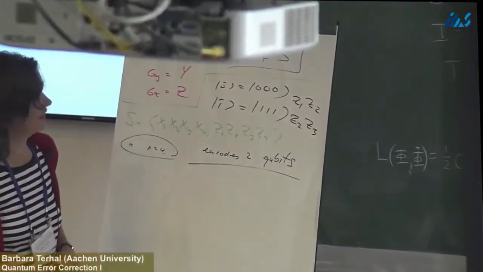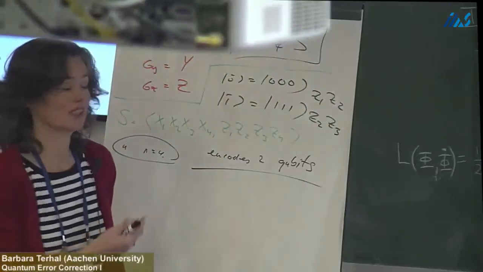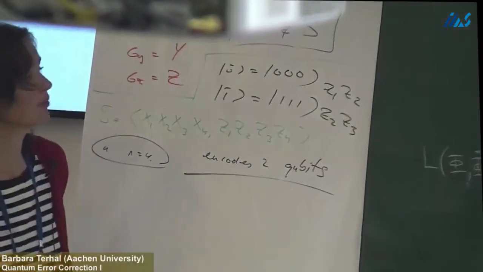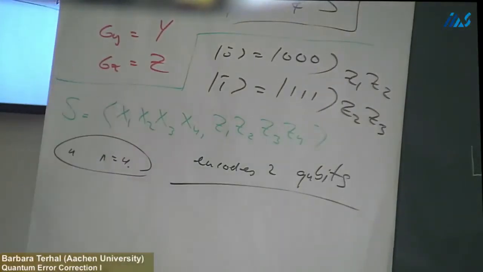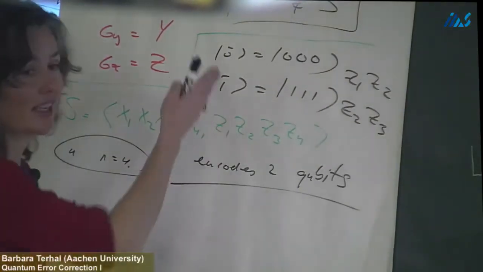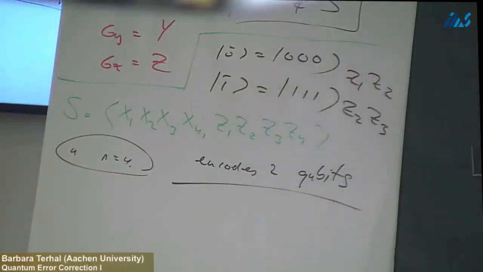But this is a classical code. I could use it as a quantum code. I'll show you an experiment where they've realized this code. But it's not very interesting as a quantum code, or has limited interest, I would say. I'll come to that. Other questions?